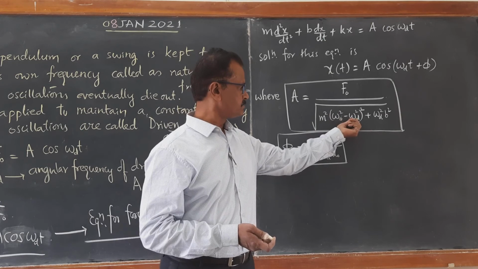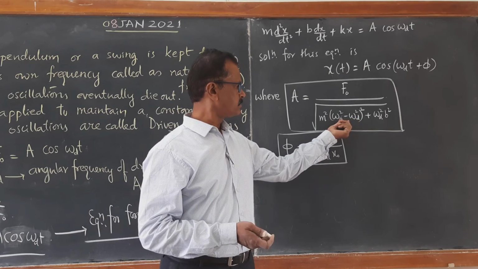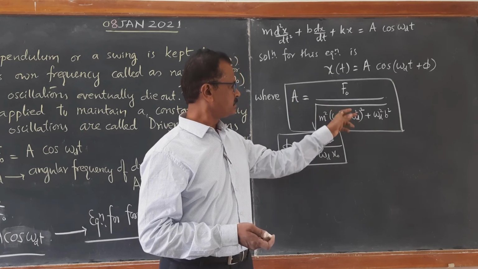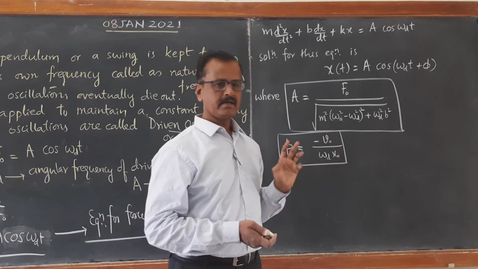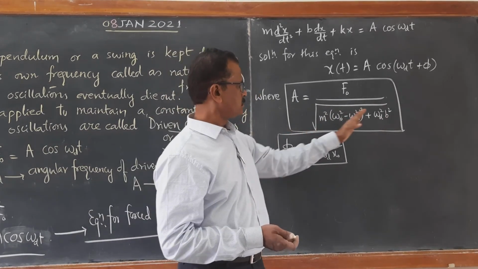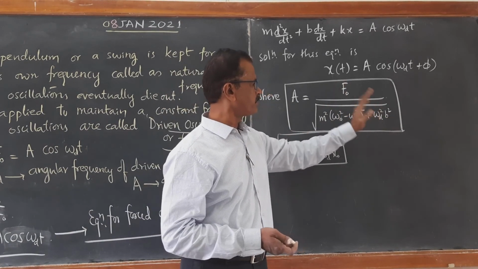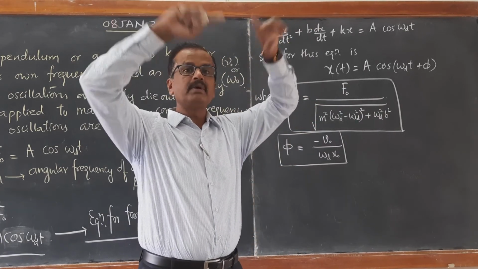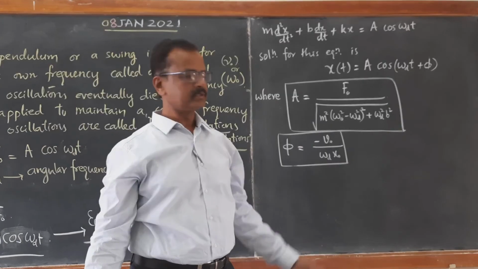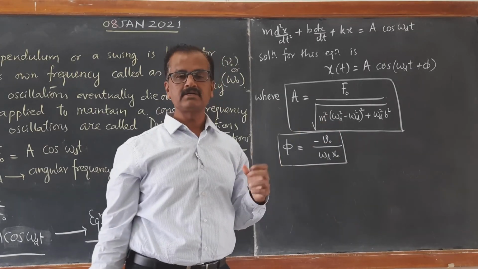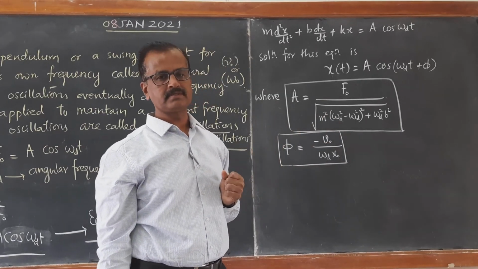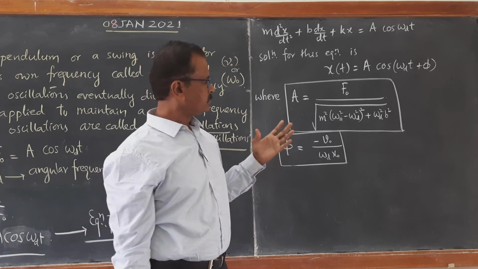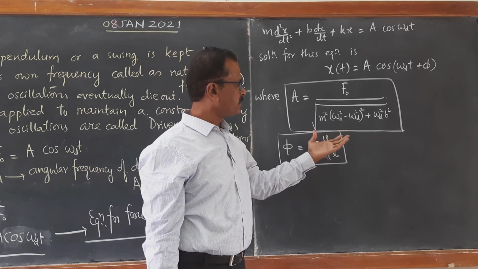This bracket becomes 0. Then the amplitude becomes F naught upon omega d b. As a result, the amplitude becomes huge. It becomes very large. That is what we define as resonance, the condition of resonance.